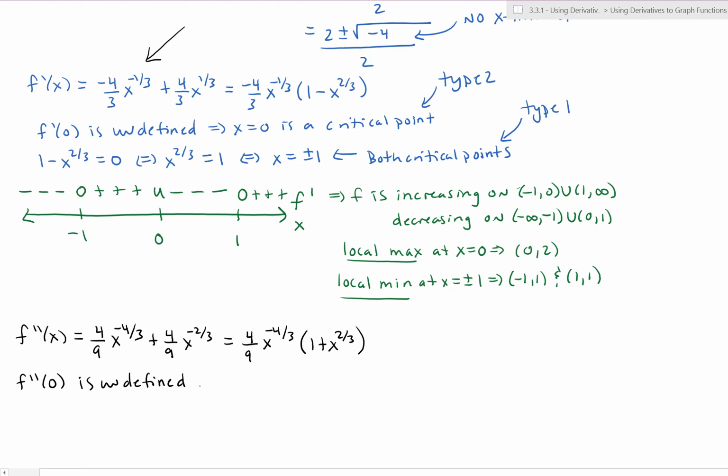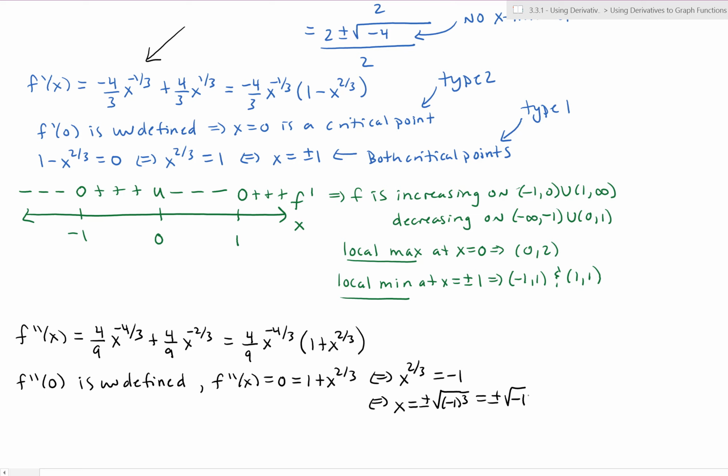If I go ahead and try to figure out where does f double prime of x equal 0, well, then I would have to set 1 plus x to the 2/3 power equal to 0, but that's the same thing as saying where does x to the 2/3 equal -1, or equivalently, where does x equal plus or minus square root of -1 cubed, or just plus or minus square root of -1.